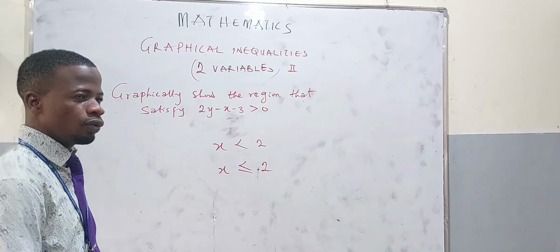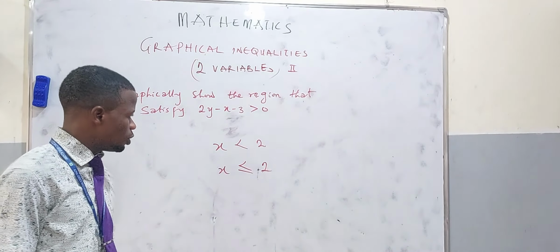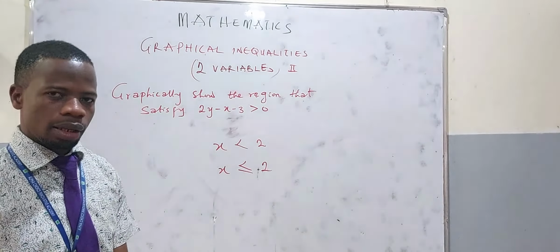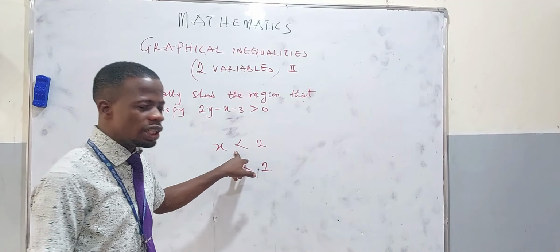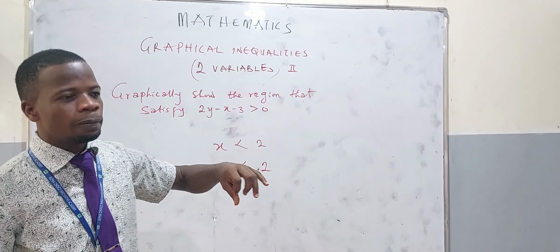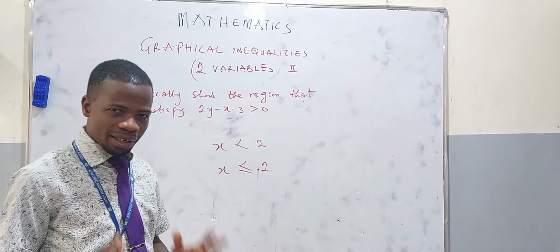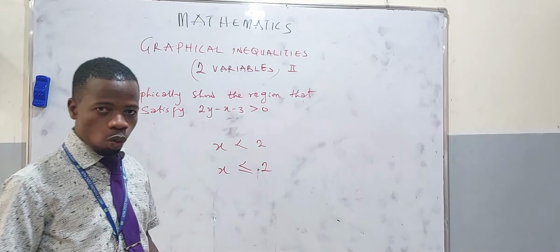What do we have here? At the first instance, this inequality is what? The second one we call a weak inequality because it is not strictly less than. It is less than or equal to.